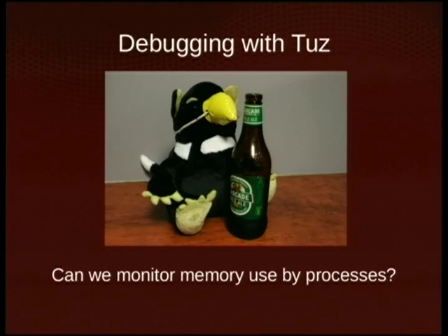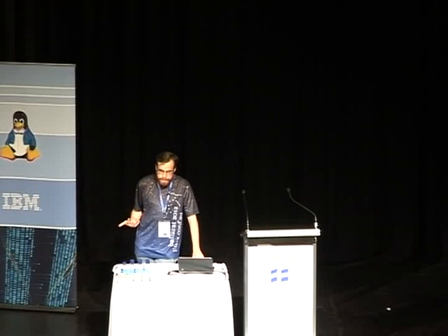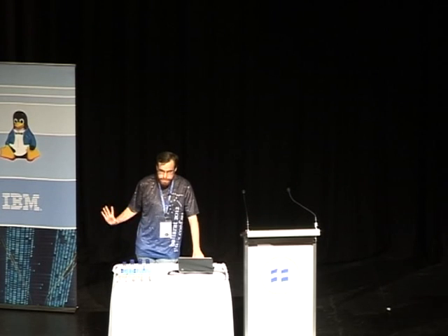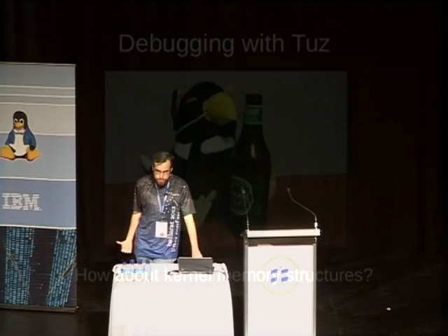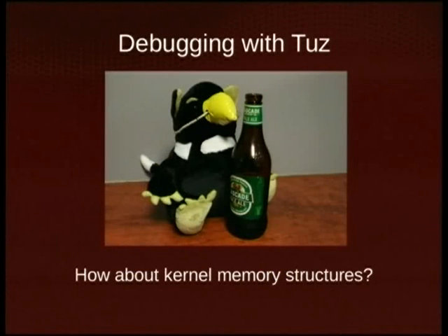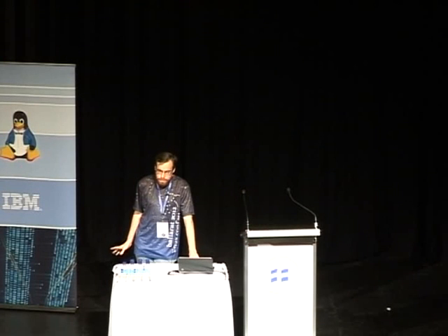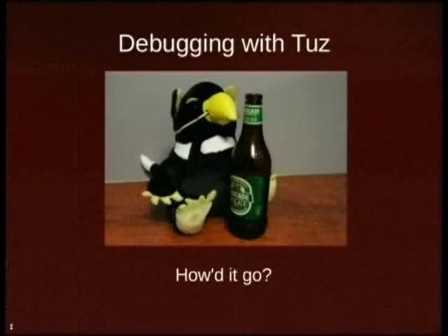So we can track the memory usage by processes by saying, okay, we'll look through /proc or we'll look through top and just add up the RSS size. Kernel memory structures, if it goes there, there's a file in /proc called slabinfo, which tells you complicated stuff that you really have to know about. Okay, so we'll do that.